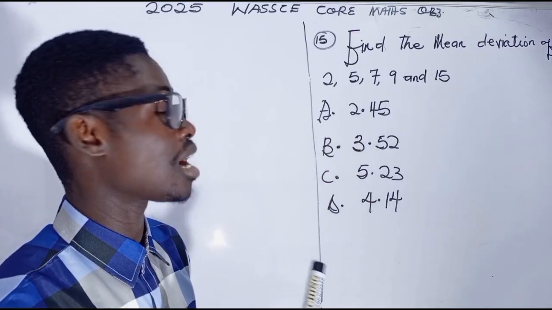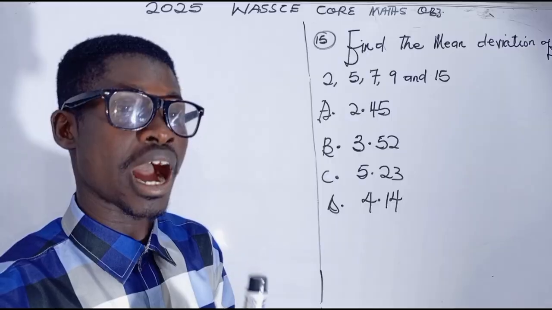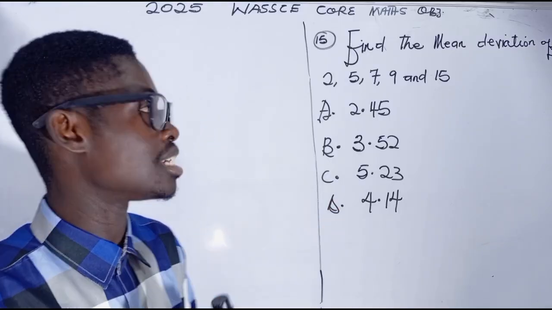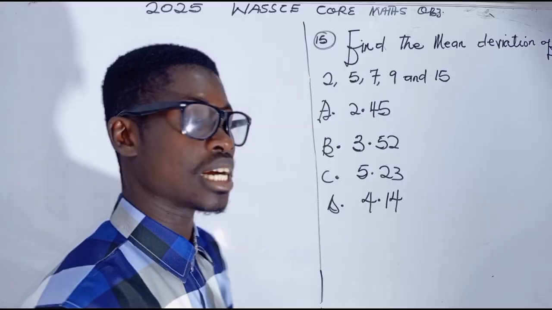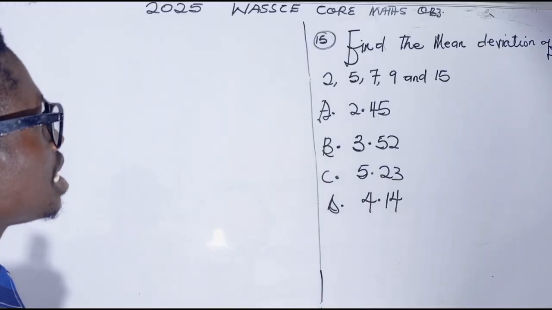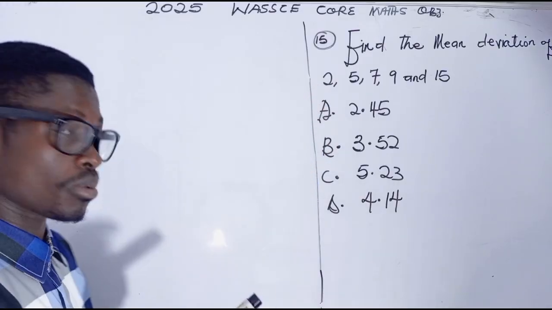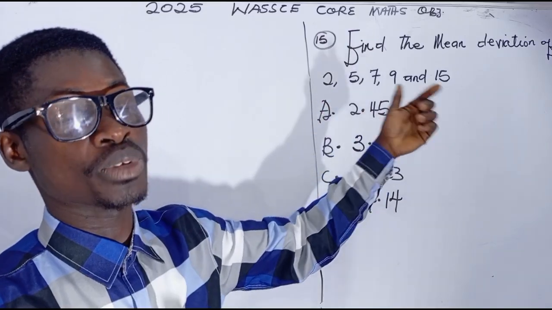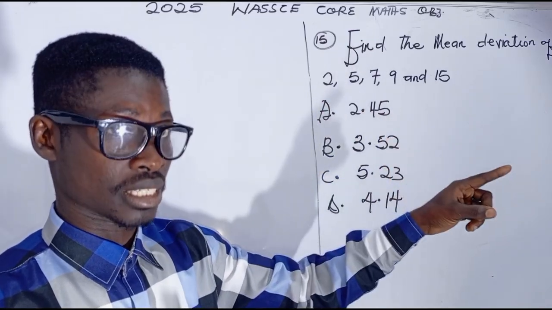Since we are talking about how far each of the data points is from the mean, let's find the mean first. To find the mean from a data set of this form, all we have to do is sum all the data given and divide by the number of data points given.